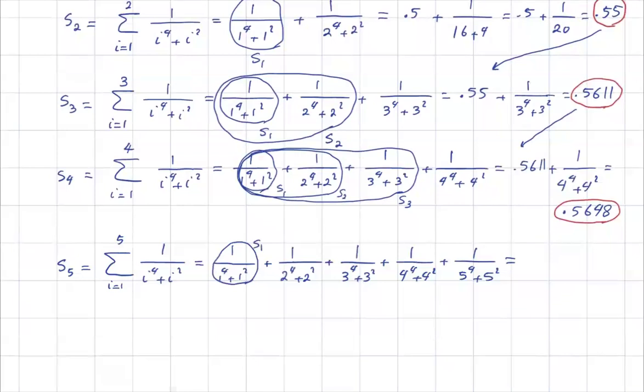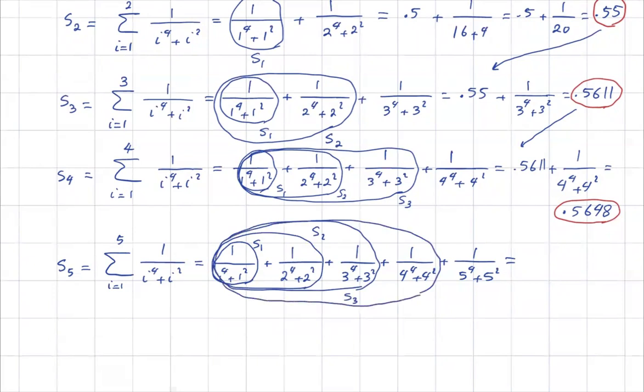With the same argument, you have S1, you have S2, you have S3, S4, the 4th partial sum, and now you're adding S4 to the new term, 5 to the 4th plus 5 squared in the denominator.